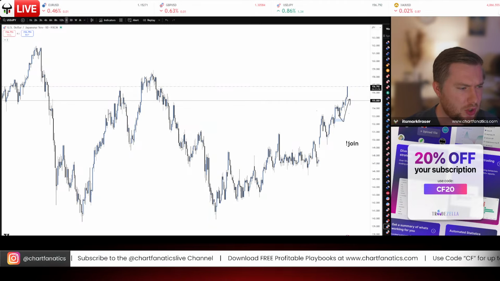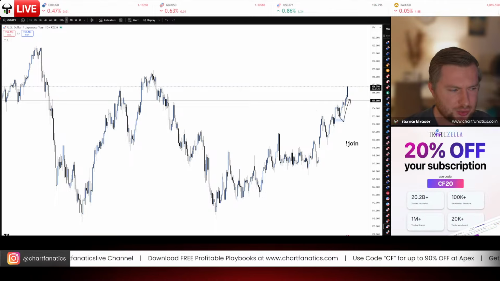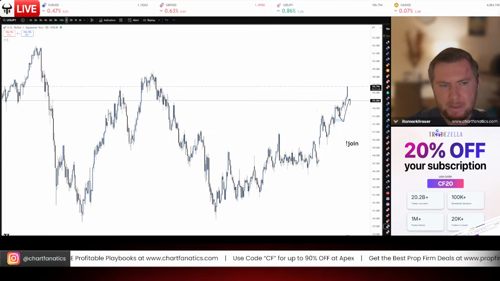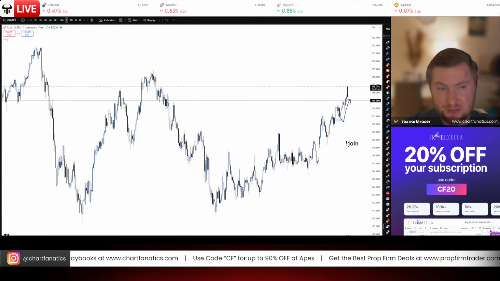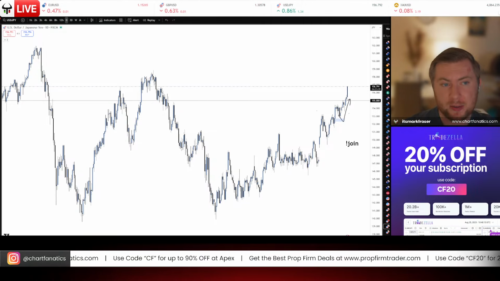What's a sensible stop loss for a strategy trade for NFP? I don't trade NFP, and you should never really trade news events. The reason for that is, number one, it's very, very difficult to predict what a news event is going to do. So what you're going to be doing is reacting to the news.